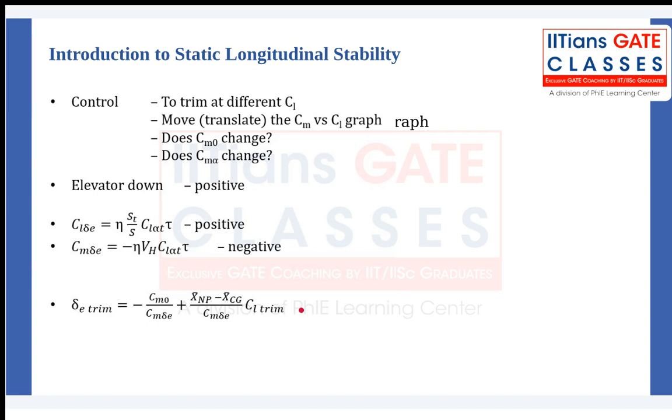The convention was elevator down is positive. This gives you an increase in lift, so CL delta E is positive. This increase in lift at the tail gives you a nose down moment about the CG, so your CM delta E is negative. Then we saw the equation which we used in multiple questions, so you should be comfortable with it. It's how much the elevator should be deflected to trim at the given CL trim.